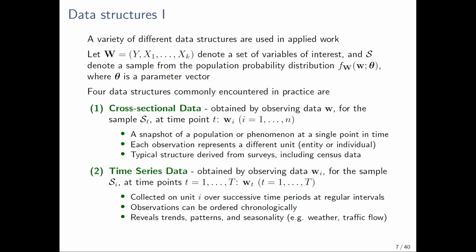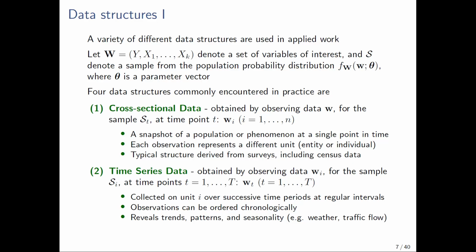Time series data, the second category I want to look at, is obtained by observing a single unit at successive time points, in this case indexed by t. And t could be minutes, it could be hours, it could be days, it could be years. So time series observations can be ordered chronologically, and this structure is useful for reviewing trends, patterns, and seasonality.